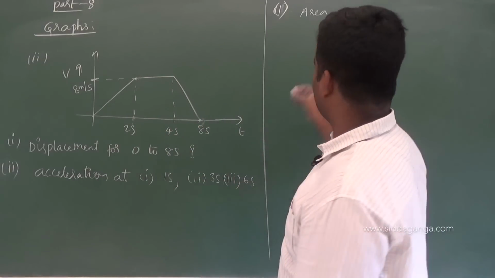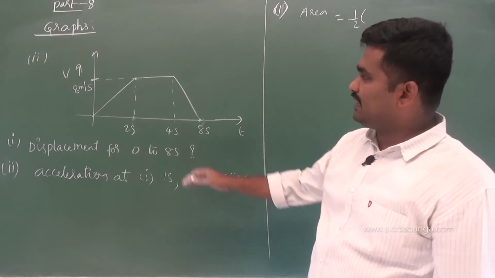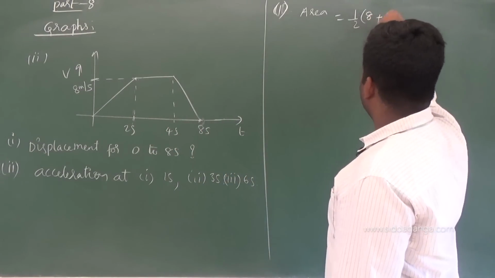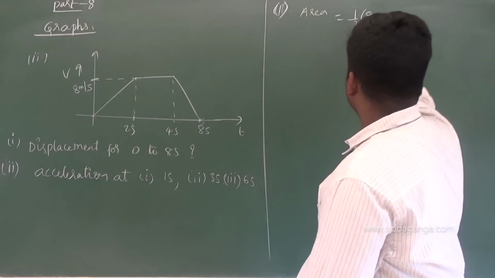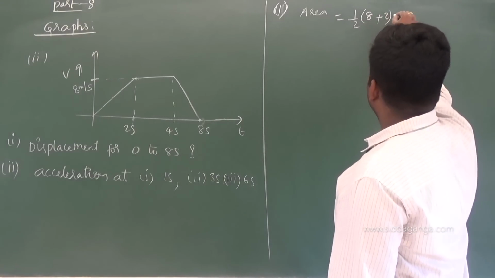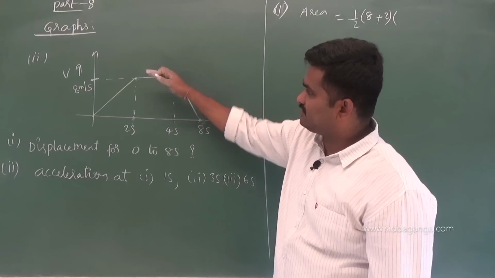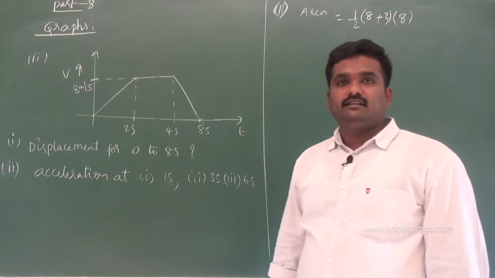Area of trapezium is what? Half into sum of two parallel sides, 0 to 8. This is 8 plus, from here to here, 4 minus 2, 2. Sum of two parallel sides into the distance between the two parallel sides. How much is the distance between the two parallel sides? 8. Like this.